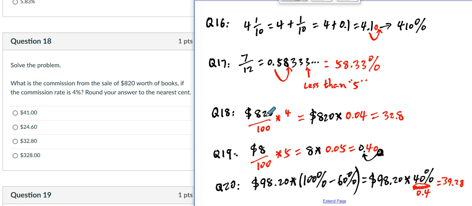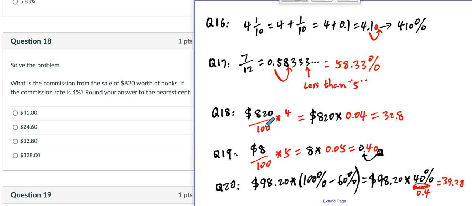That means we want to divide 820 into 100 equal pieces, and then we take 4 pieces. So you multiply it by 4.